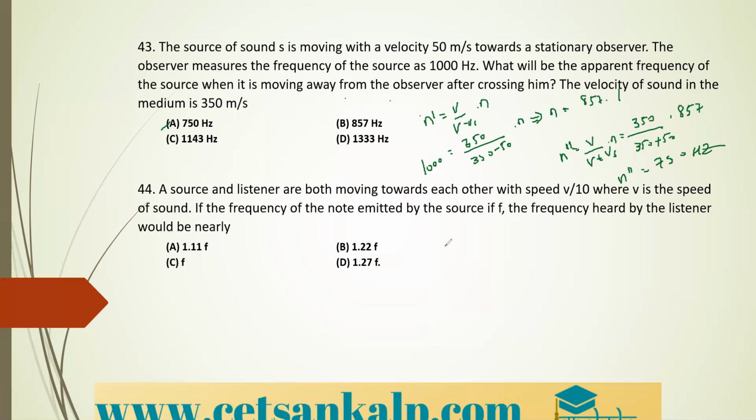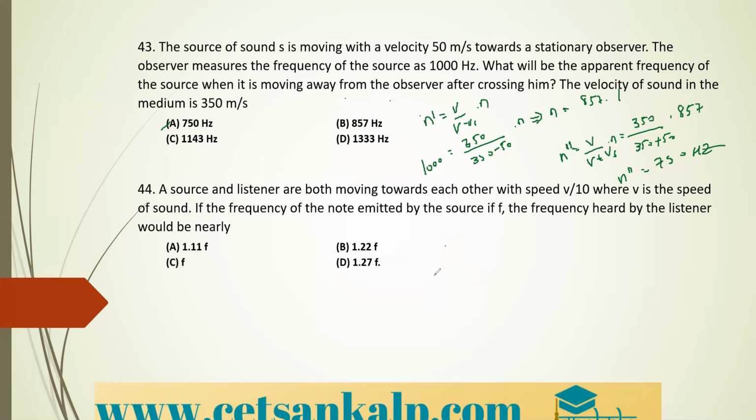Okay. Next question. A source and listener are both moving towards each other with a speed V by 10, where V is the speed of sound. If the frequency of the note emitted by the source is f, the frequency heard by the listener would be nearly. Here they are moving towards each other.